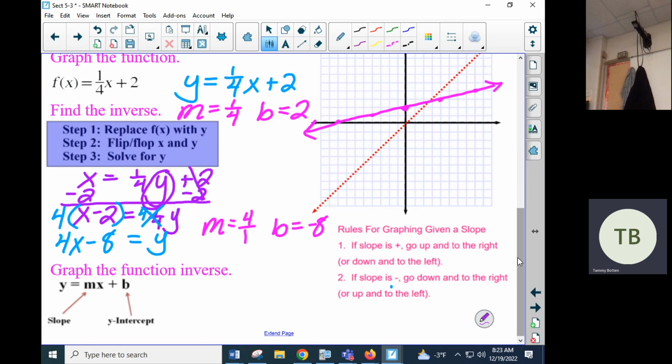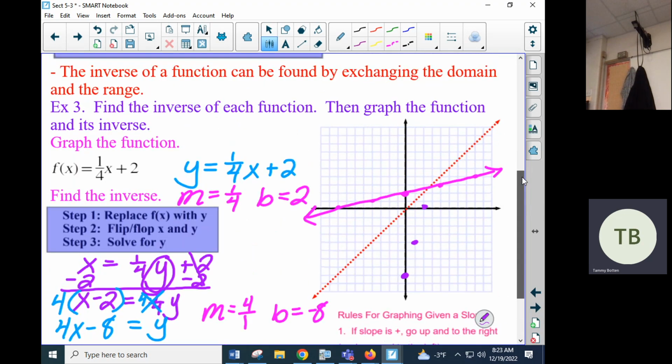So now we're gonna go ahead and plot that on here. So we're gonna go down to where b is -8, put a dot. And again, if our slope is positive, we're gonna go up and to the right. So we go up 1, 2, 3, 4, right 1, up 1, 2, 3, 4, right 1, and keep doing that.